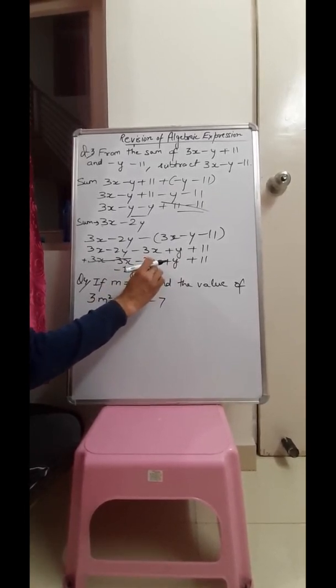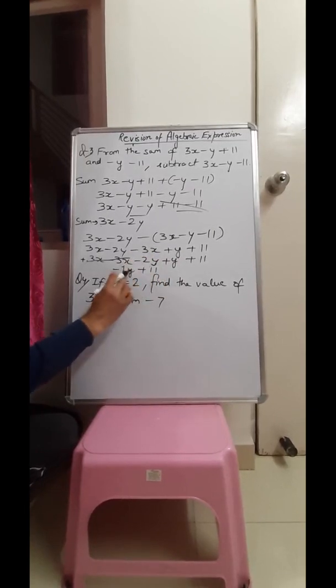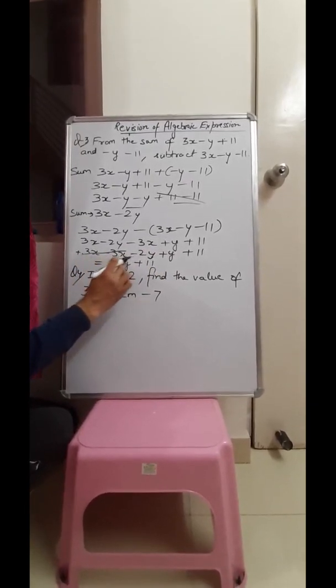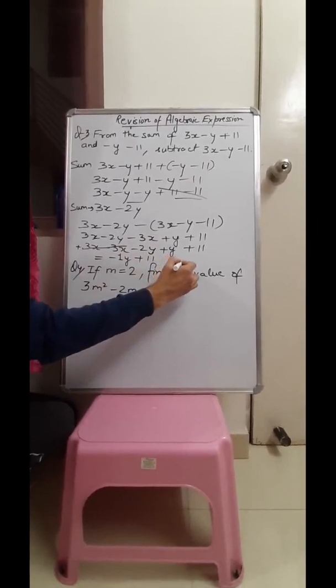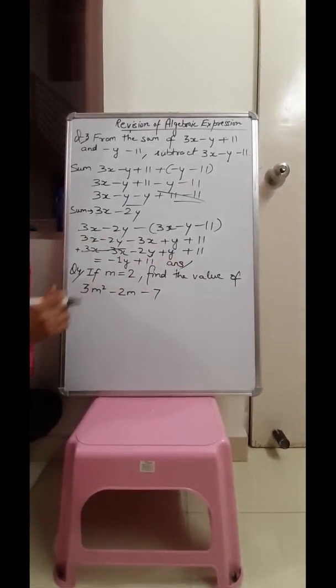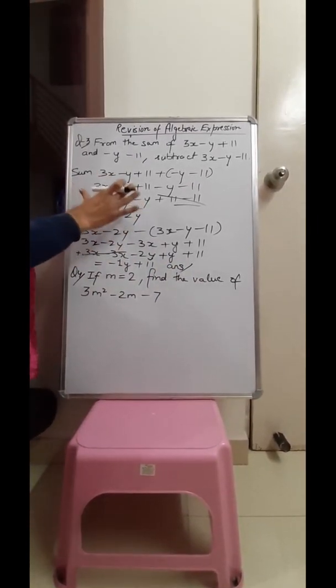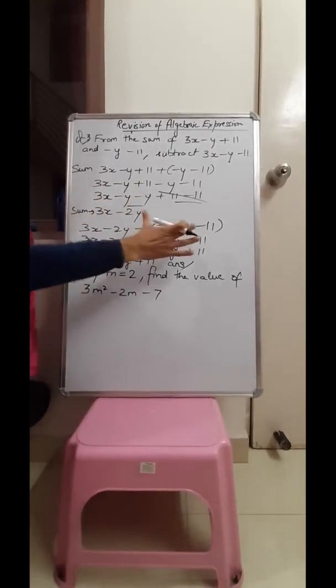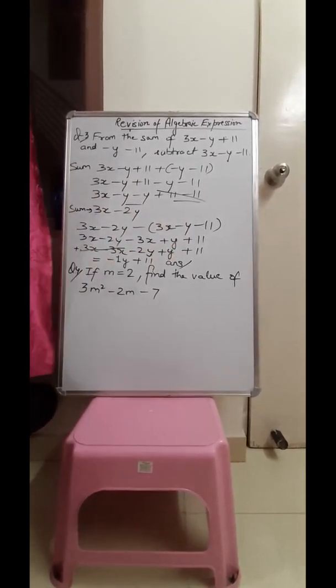So minus y plus 11 is your answer. In this way we can add first, and from the sum we can subtract the third expression and we will get the answer.